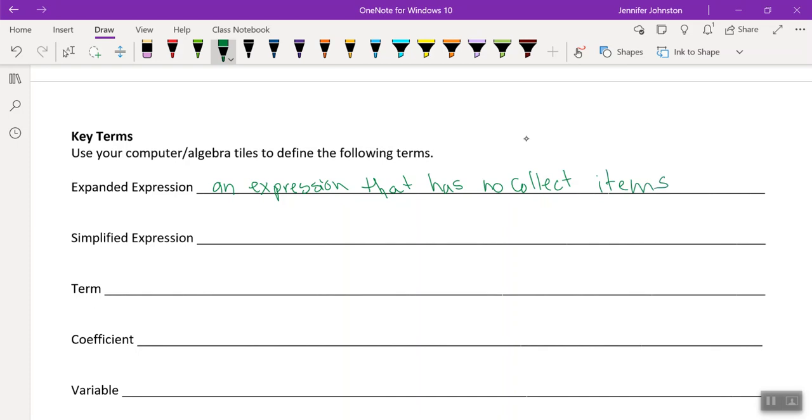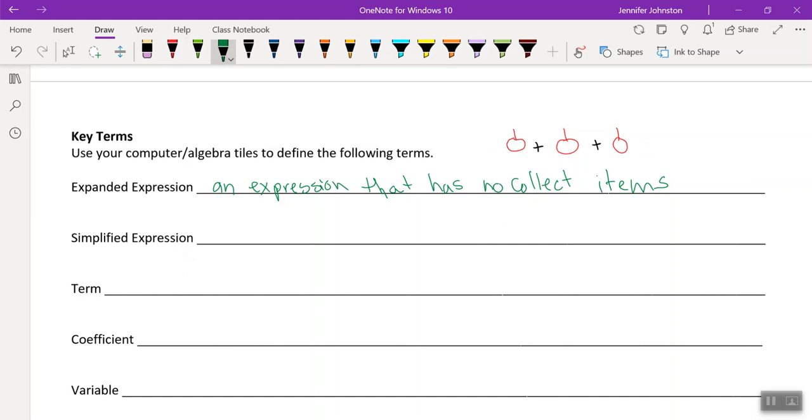So for instance, you can have an apple and an apple. Here's my apples. Apple plus an apple plus an apple. Well, if we put them together, we would get 3 apples. But an expanded expression, they're not collected. So they're just separate.